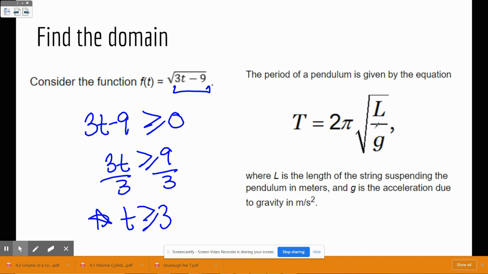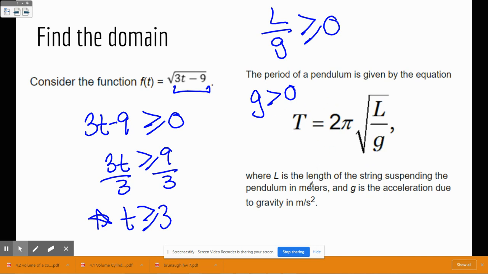What is the domain here? Well, the domain here would have to be L over G has to be greater than or equal to 0. But we have another risk factor here because G has to just be greater than 0, because G cannot be 0. If G was 0, you would be dividing by 0, which is not okay.